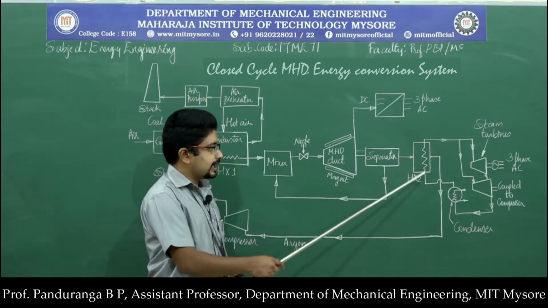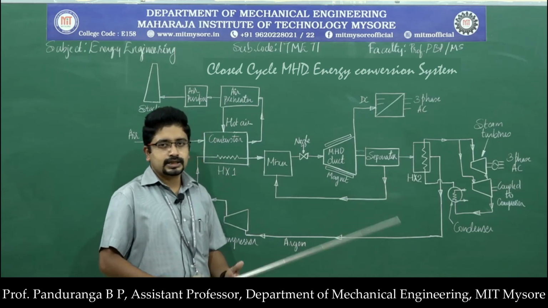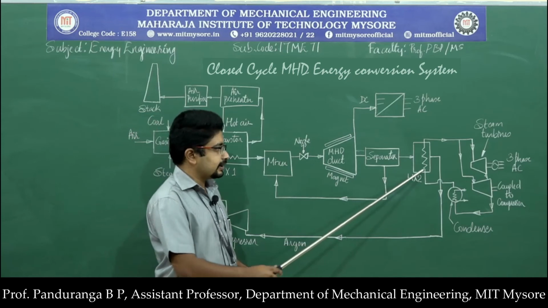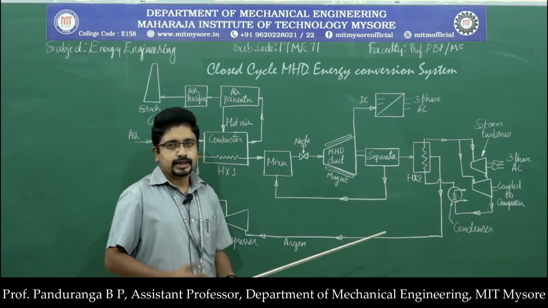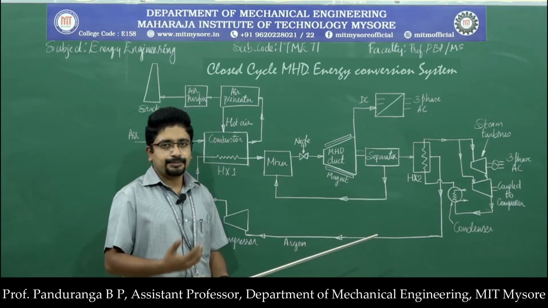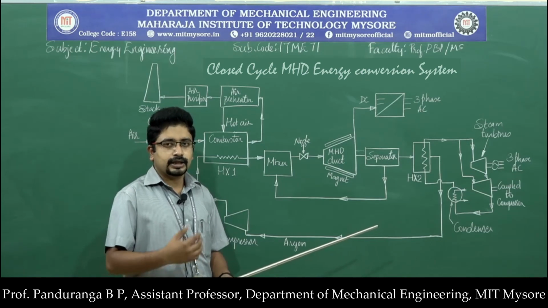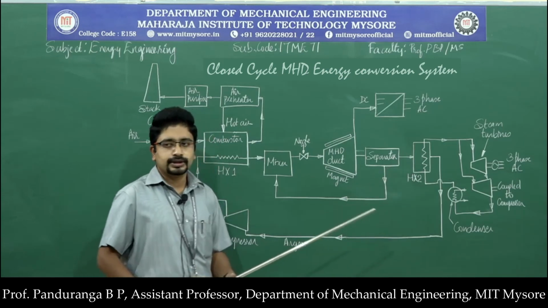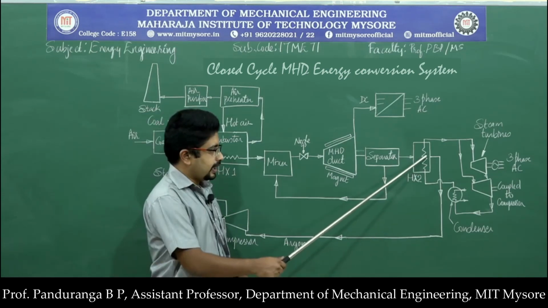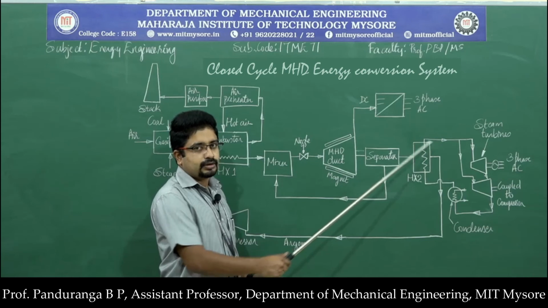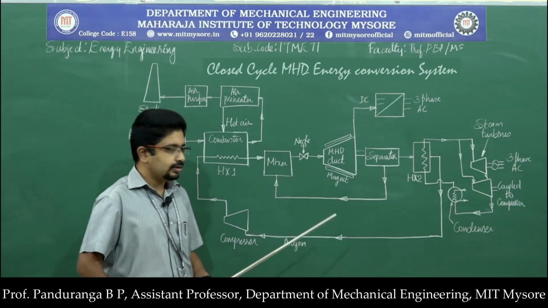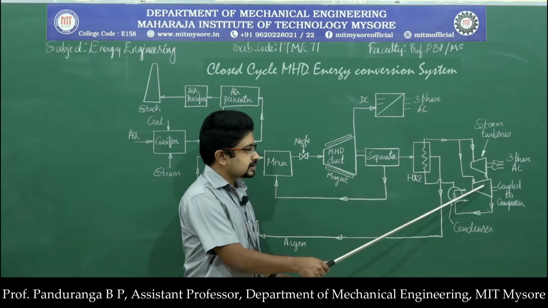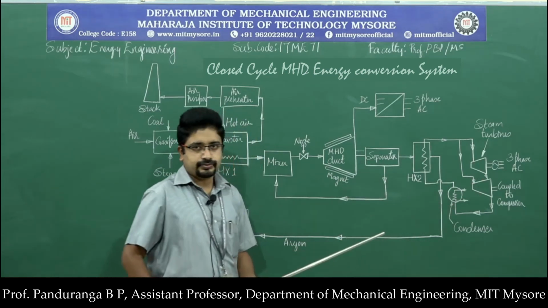The hot argon gas will transfer its heat energy to the water flowing inside the tubes, and that increases the temperature of the water, and in turn it starts to boil and converts water into steam. The high pressure steam which is coming out of the heat exchanger 2, or you can call it a boiler, then enters two separate steam turbines.